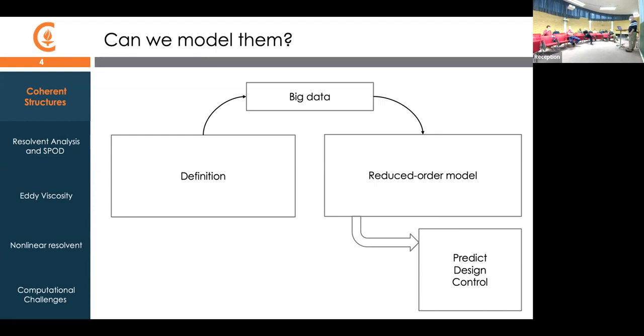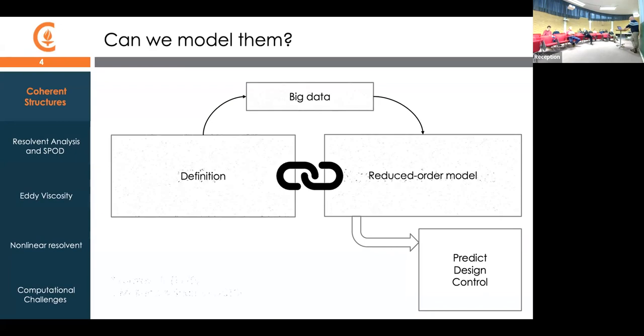If we can't precisely define what it is that's the target of the modeling, then we don't have much hope of deriving equations for it. The other thing to keep in mind now is that we have access to big data and lots of great algorithms for probing that big data, and that should help us with this decades-long quest to make reduced order models of structures.